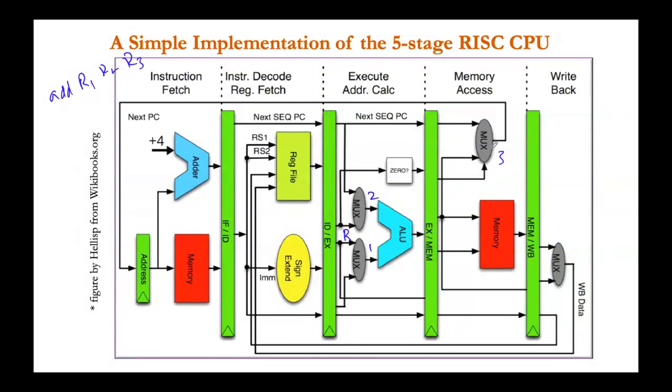The third multiplexer takes one input from the output of your ALU, and the second input is from your next sequence PC. Next sequence PC means the next instruction program counter value. The output of the multiplexer is given back as an input to your program counter.